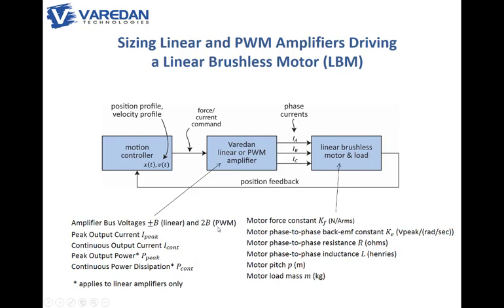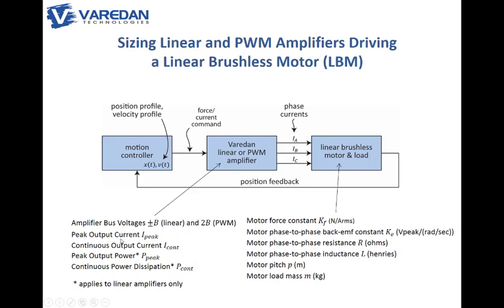In the case of a PWM amp, we use a single bus voltage 2B and a ground return. So we use this parameter B in both cases to be consistent with our calculations, and again, in both cases, the rail-to-rail voltage is 2B.